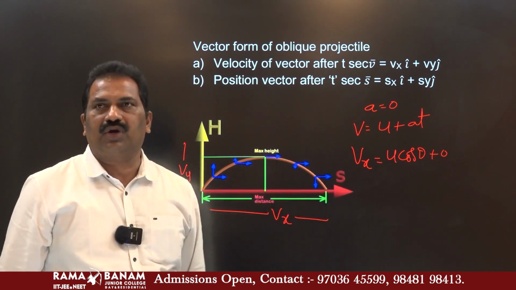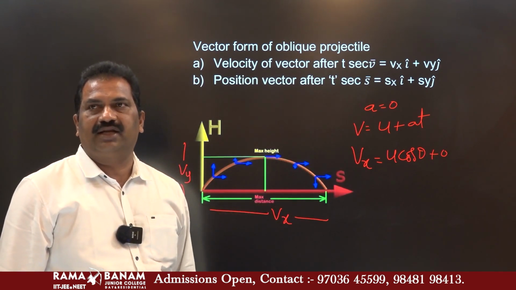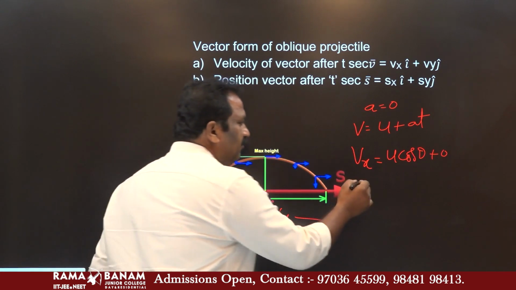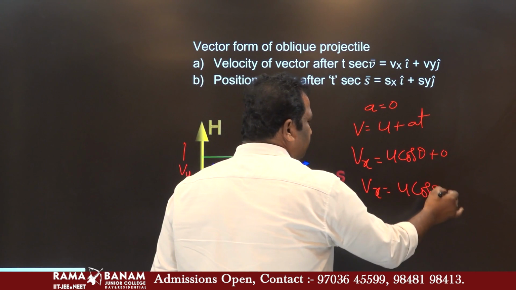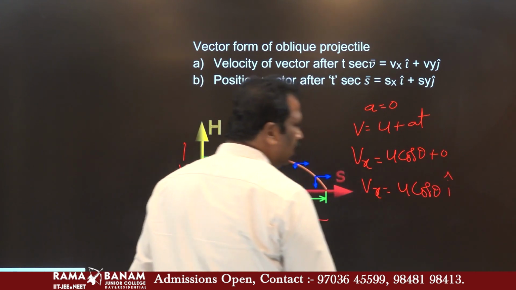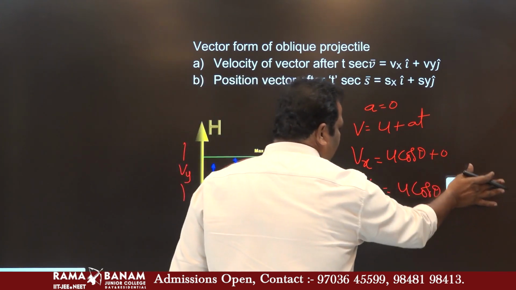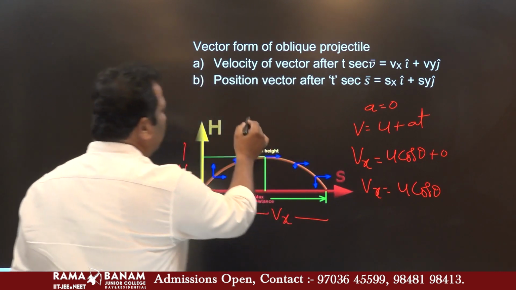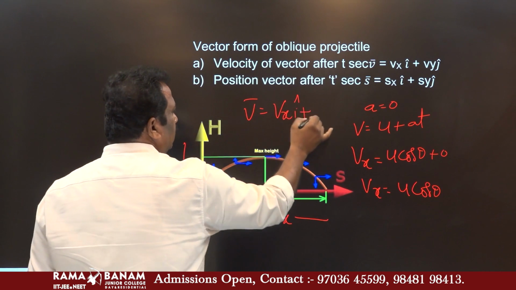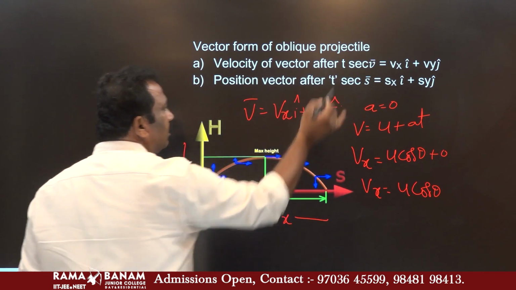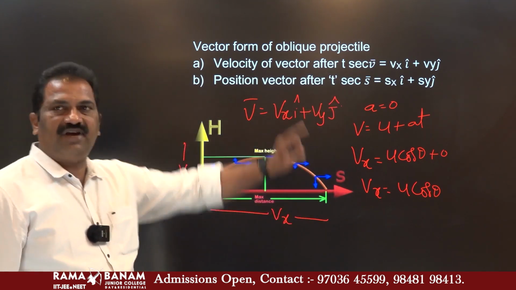So Vx is equal to u cos theta, in the i cap direction, that is u cos theta into i cap. So generally, we can write V bar is equal to Vx i cap plus Vy j cap.